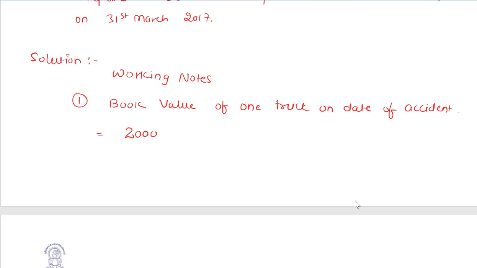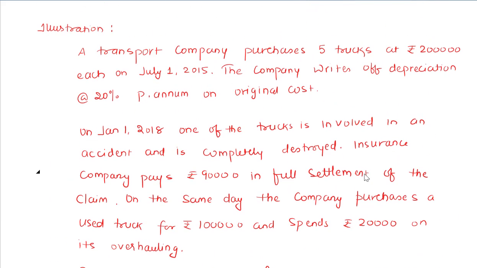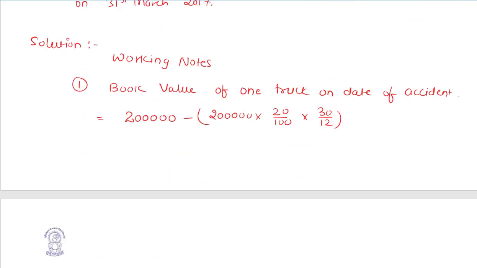So we had purchased the truck for 2 lakhs minus depreciation at the rate of 20% for 30 months. How come this 30? From 1st July 2015 to 1st January 2018, it's 30 months. I believe you understood. Let us move ahead.